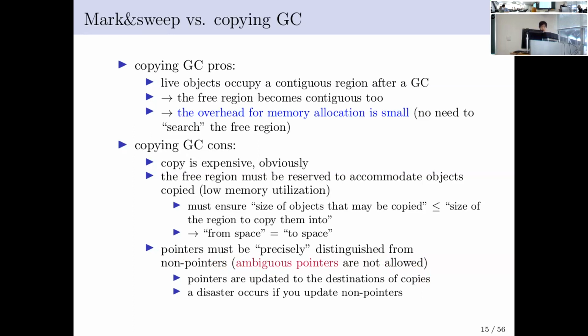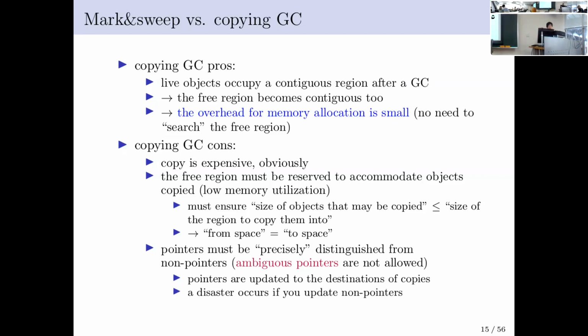That is the way the computer generally works. 64 bits is just 64 bits. It may be a pointer to a memory block, or it may be just an integer. So generally you cannot distinguish pointers from non-pointers.